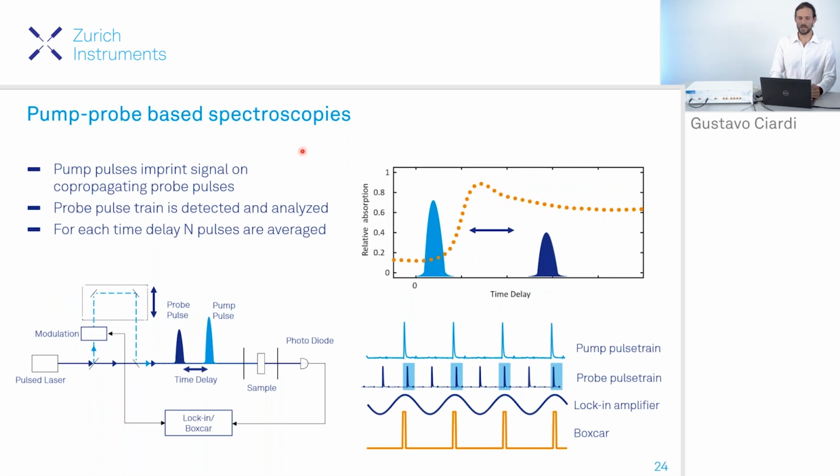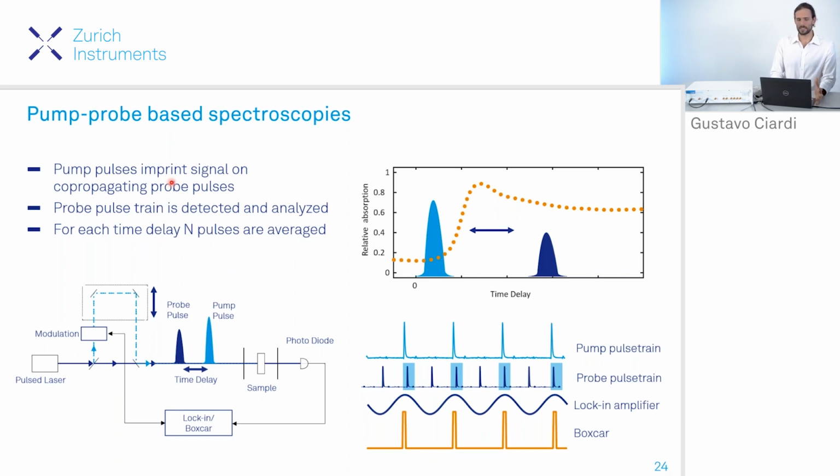Typical applications where boxcar averagers, but also lock-in amplifiers, depending on experimental configuration, are used are pump probe-based spectroscopy. Now, there are countless variations of this type of technique, but the basic principle is essentially the same.